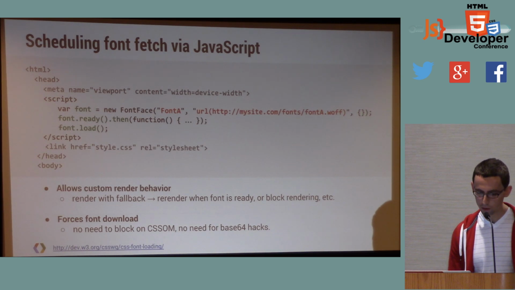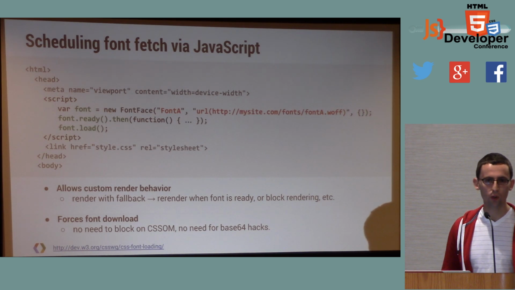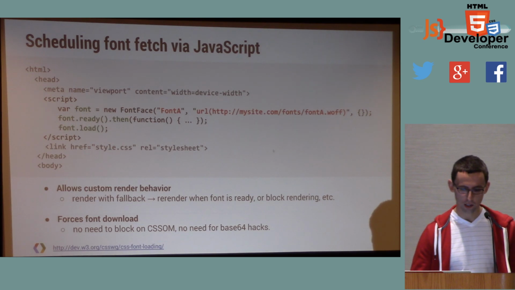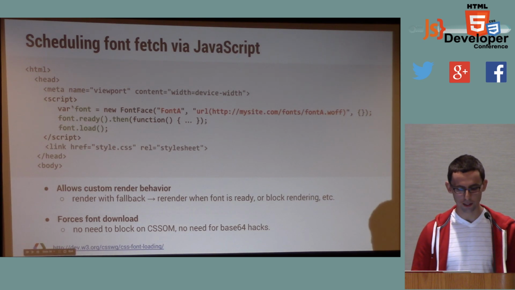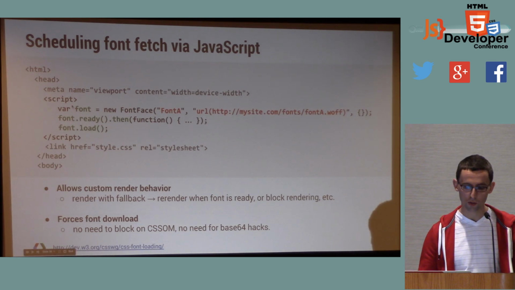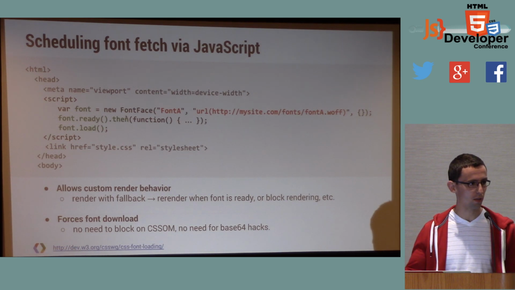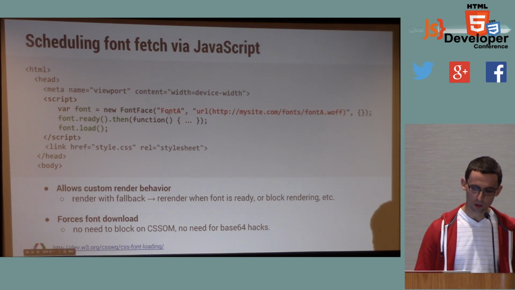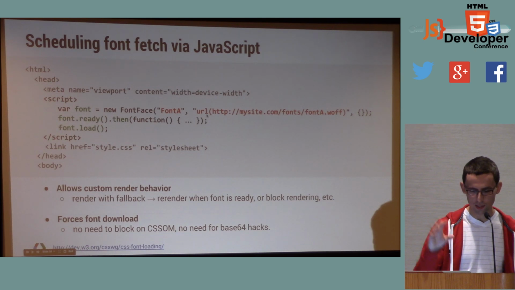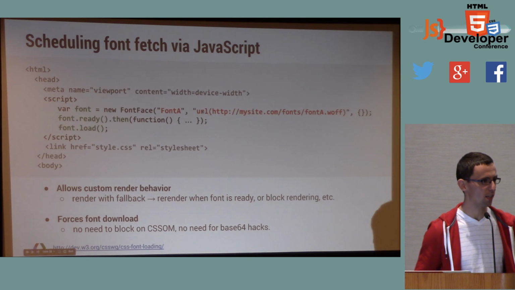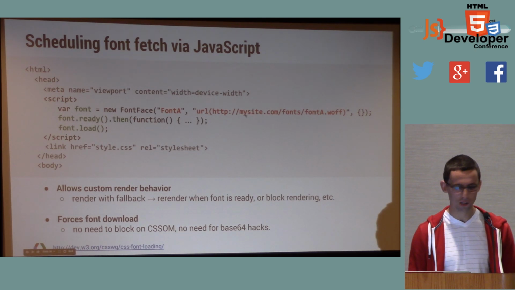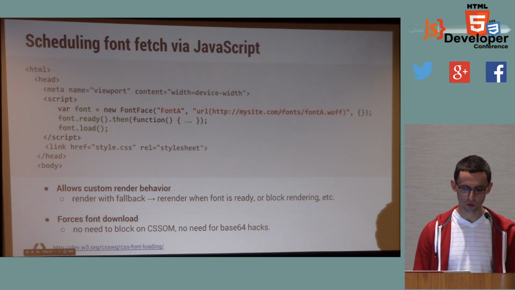So here's an example. We could actually force the browser to download the font by just saying, look, I'm going to have this script block in my HTML that's going to construct a FontFace object. This is a new object that's being provided by this API. It's going to be called fontA, and yes, the syntax is kind of wonky, but basically we're embedding CSS syntax in here, and we're saying fetch this URL.